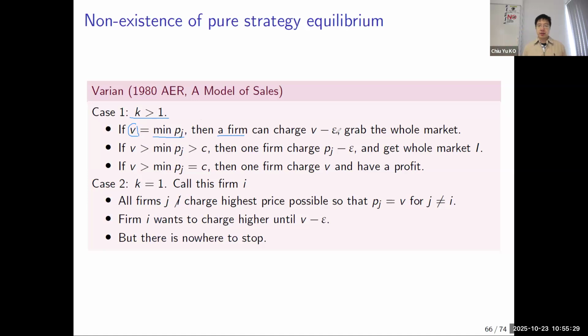So before it was one of them, but he will grab the whole market. So this cannot be an equilibrium. And if it is a medium price in the middle, you can still do the same: charge a little bit below the existing price and grab the whole market. Okay.